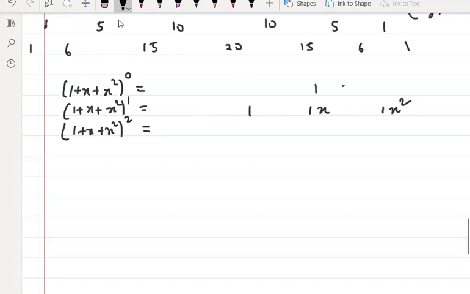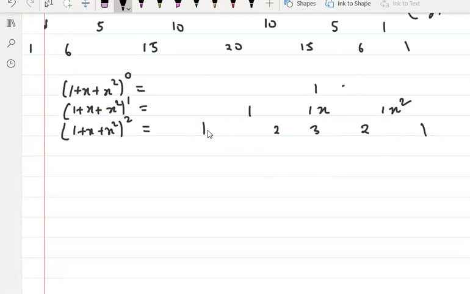Next, 1 plus x squared the whole square. If you see this, it is becoming difficult, right? You have to multiply. But if you use the same concept of Pascal's triangle, then think about it. 1, add these two, 2, add these 2, 1.